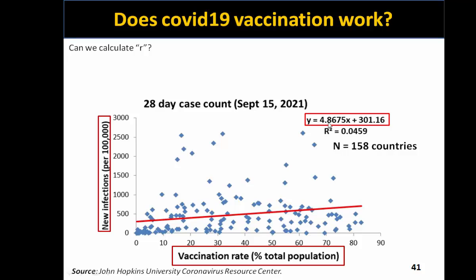So this outcome here, this equation is the line of best fit. This is the R squared value, and you can see here that there's quite a bit of scatter in the data about the line, and so the R squared value is 0.0459. Can we compute the PPMC from this R squared value?